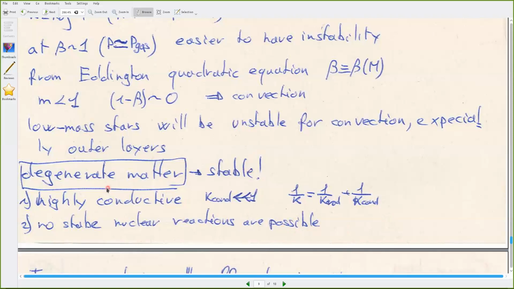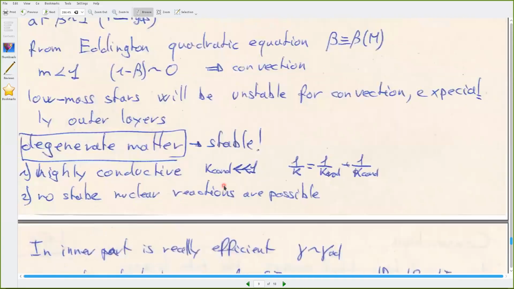So if one part of the star is in a degenerate state, there will be no convection, because the gradient is definitely smaller, or there will be dynamic or thermal instability that makes no sense for the convection.